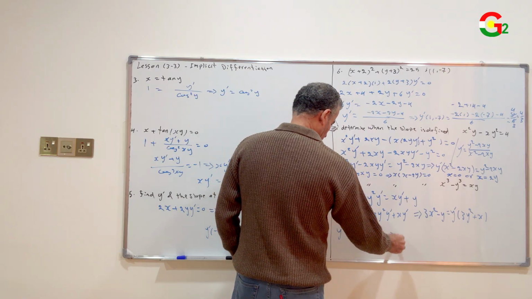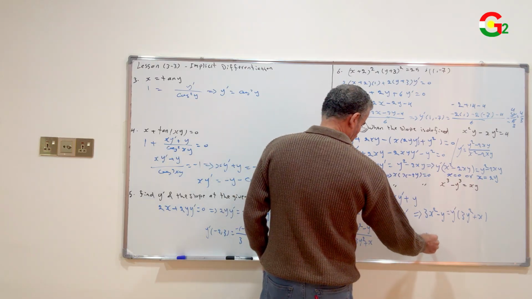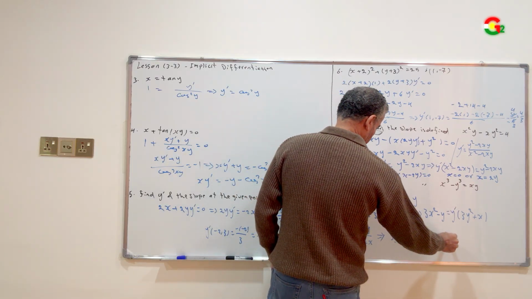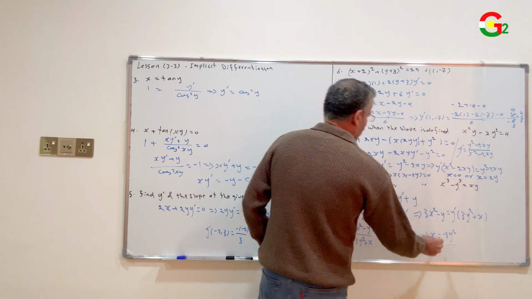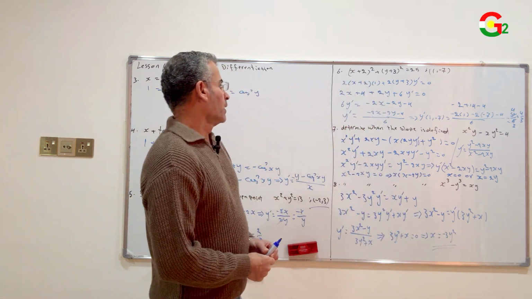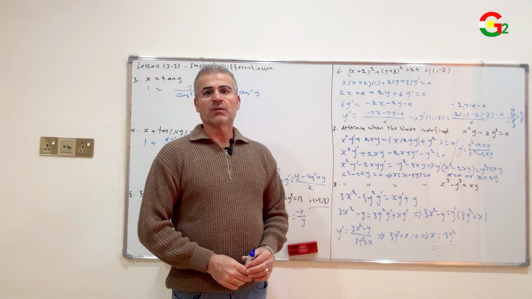Now set 3y square plus x equals 0, then x equal to negative 3y square. Therefore, the slope is defined everywhere except when x equal negative 3y square.